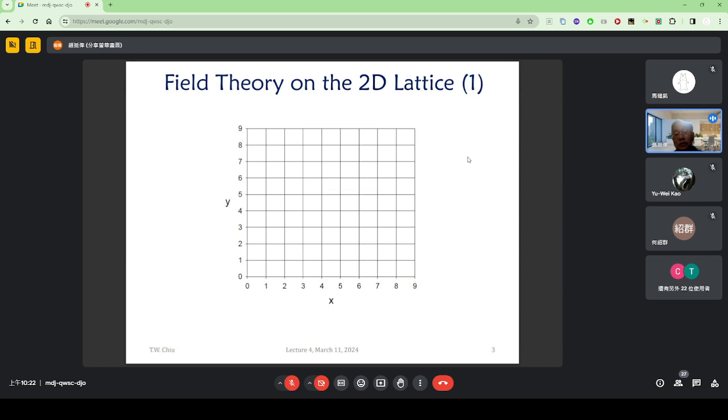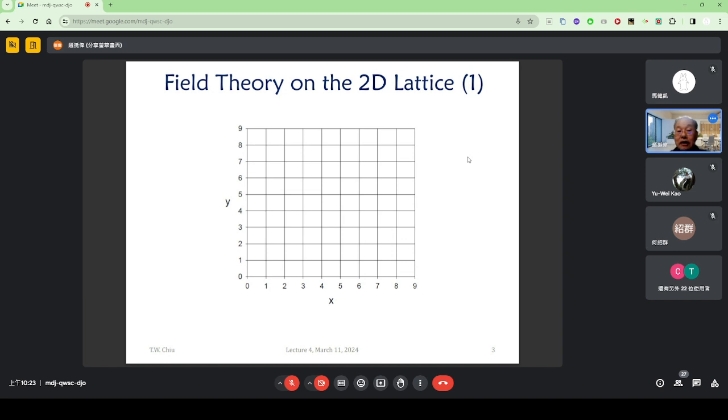Only consider this two-dimensional space. And in order to do the numerical computation, I have to first discretize this two-dimensional space into a two-dimensional lattice. Then I can compute the field variables on the lattice sites, and this gives me the solution.